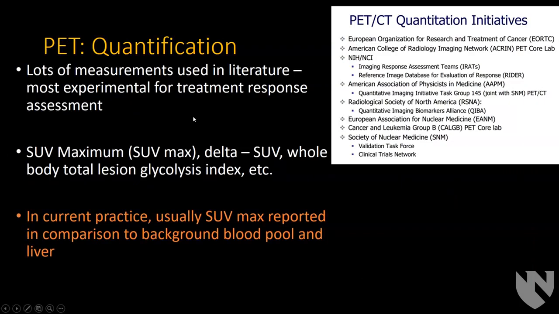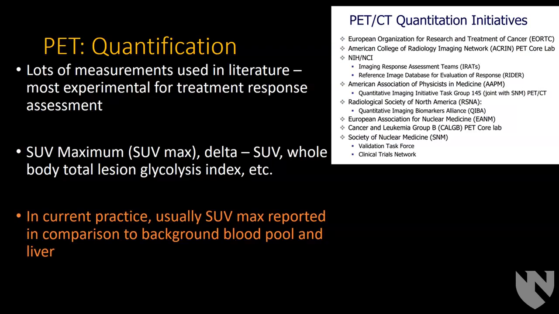And so, PET quantification. It's nice to be able to measure how hot things are on PET. It helps you determine from scan to scan whether things are getting better, worse, or staying the same. However, there are problems with it in that there's a lot of variability from scan to scan in people's metabolic activity in general.